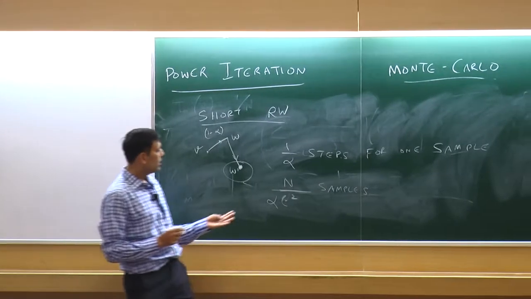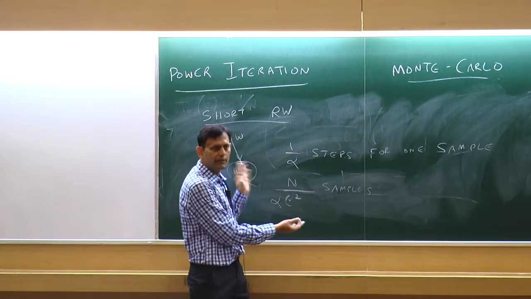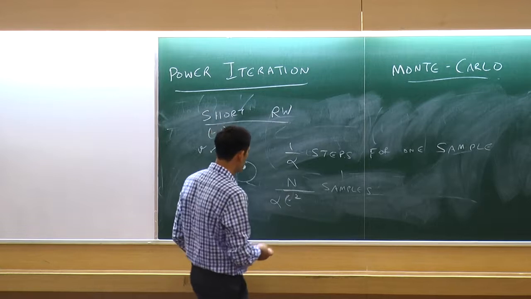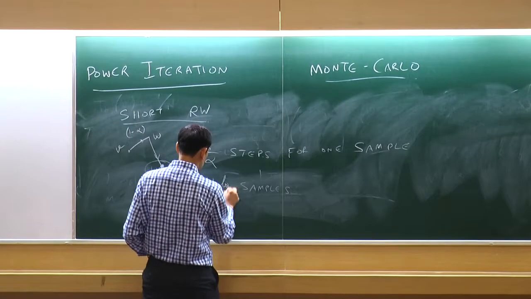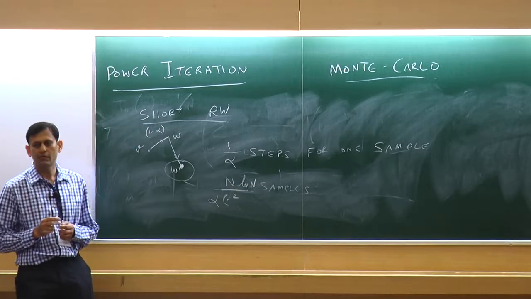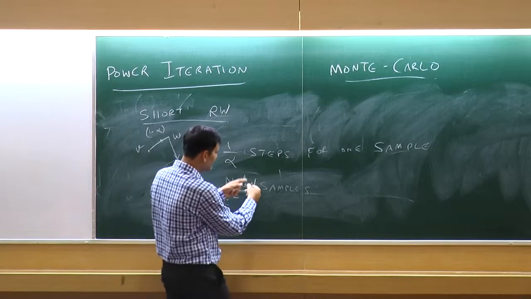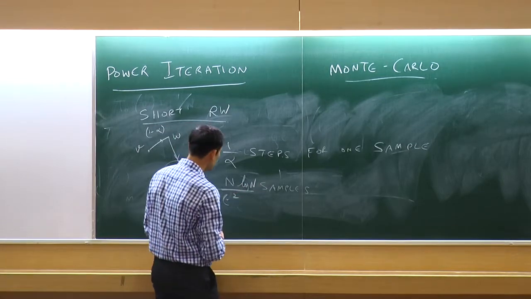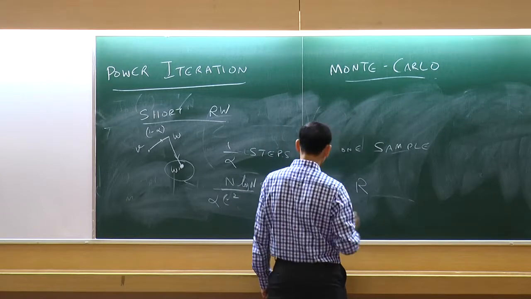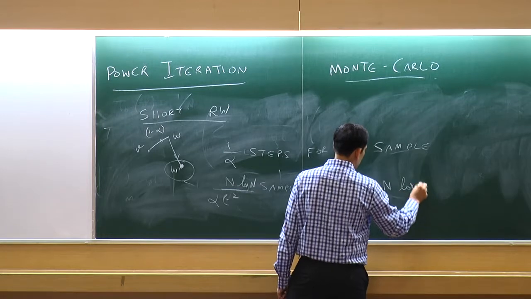And so to get this accuracy, because once you have this many samples, you get enough confidence that you have the right answer. Okay. Sorry, maybe you need n log n over alpha epsilon squared samples to make sure that you have enough confidence. Okay. And maybe there's an alpha inside the log, but I'm going to ignore that. Okay. And so I'm going to think of this as roughly n log n.